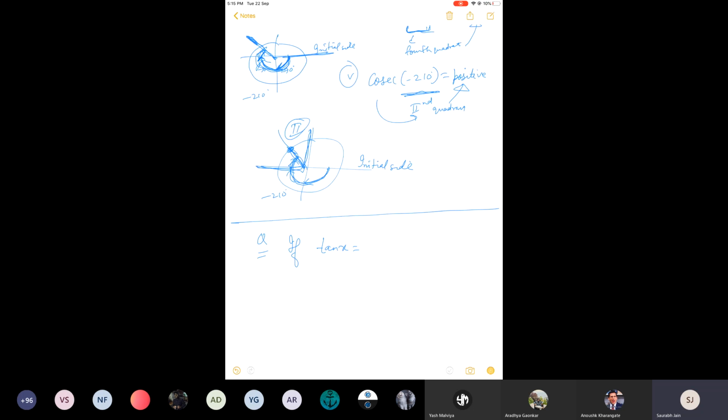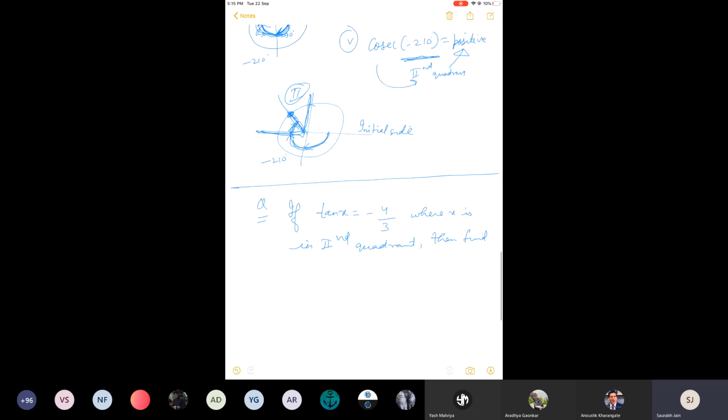Like, if tan x is minus 4 by 3, where x is in the second quadrant, then find the other t ratios. So the question used to be like this: if tan x is 4 by 3, then find the other trigonometric ratios. You used to make a triangle, and from there you used to find sin, cos, etc.